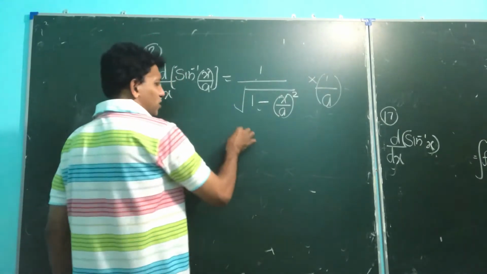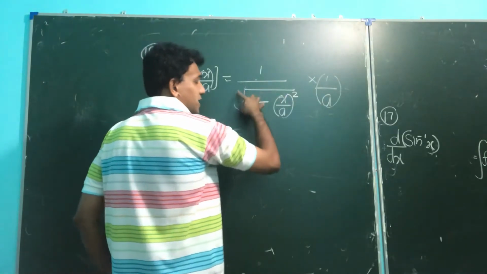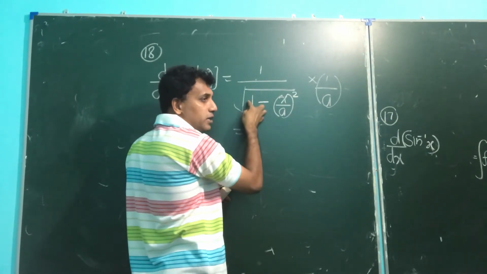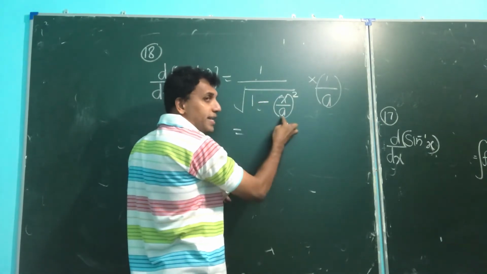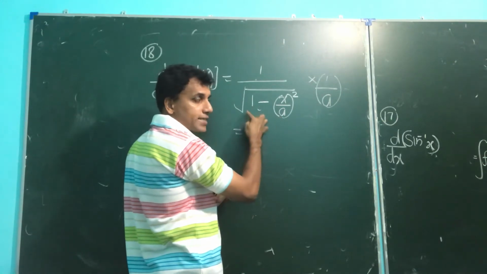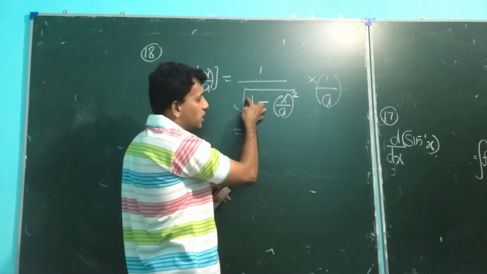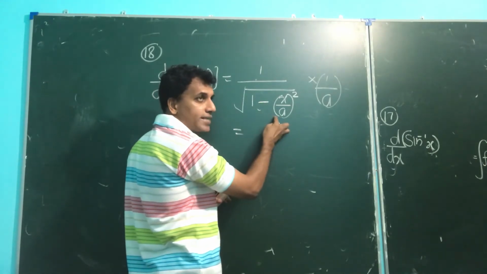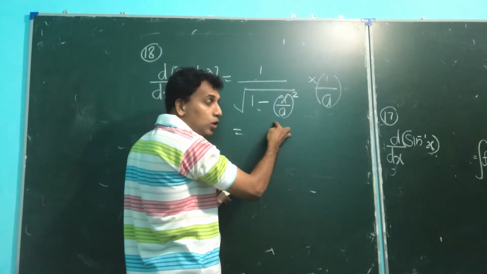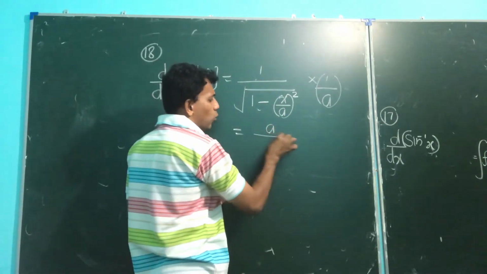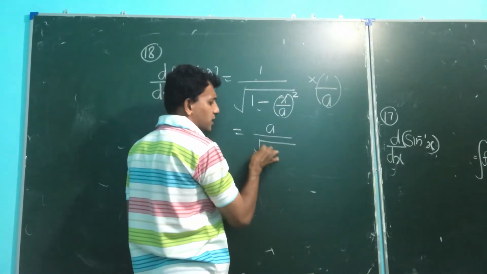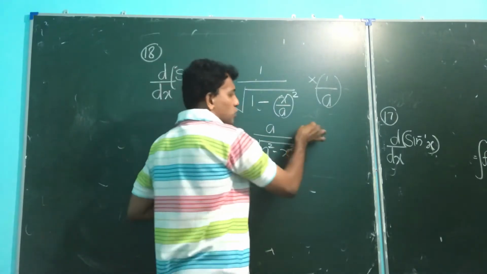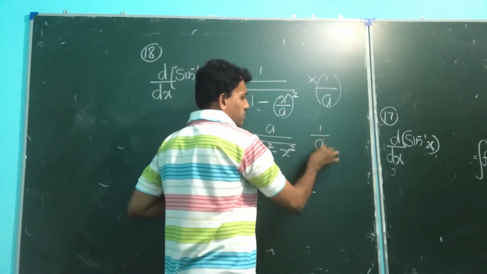But you can simplify further. Inside the square root, multiply a square here, so it becomes completely a square below. Take the LCM, multiply a square here and put it inside the root. Inside the root, a square is a. So below, you can take a out. So a over square root of a square minus x square, into this 1 over a.